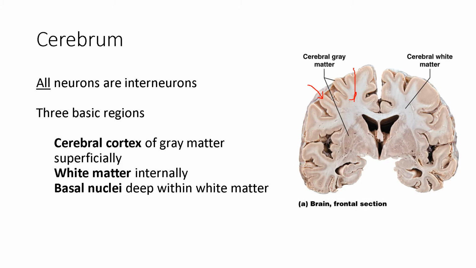These neurons that make up the white matter are really important for communication over longer distances. And then if we go still deeper into the brain, we'll find that there are little islands of gray matter. These are called the basal nuclei, and these are big centers for signal integration.